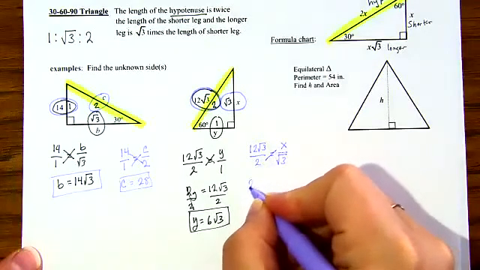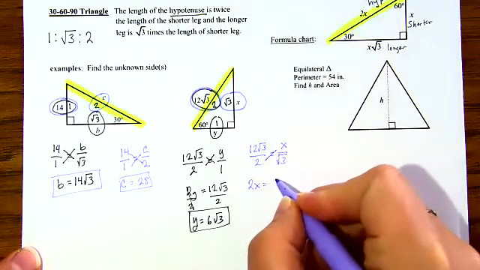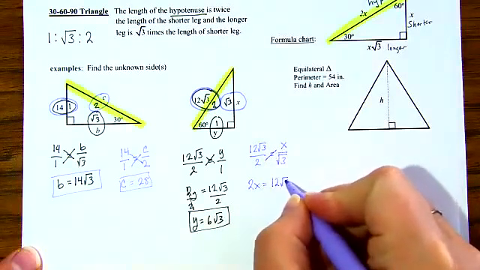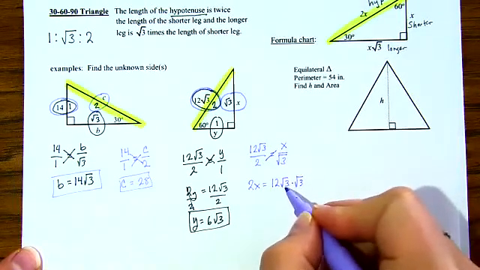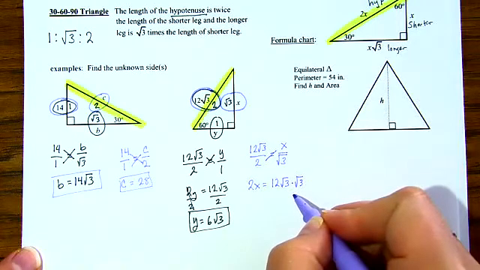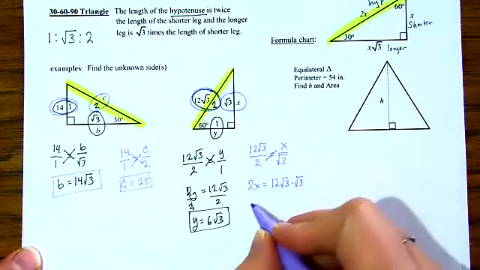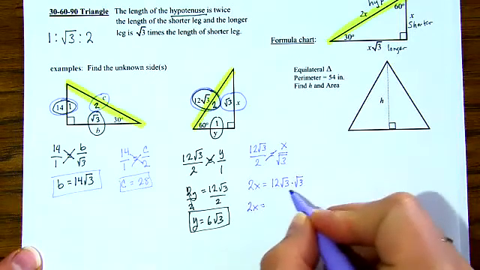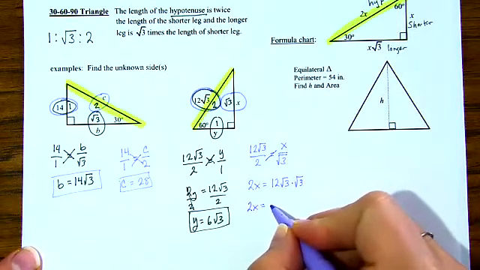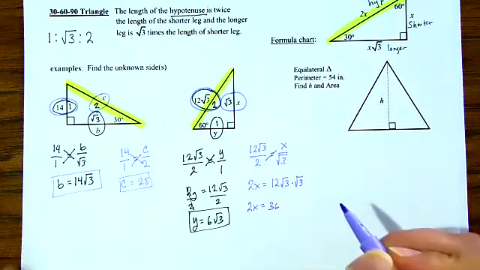2 times x is 2x, and 12 radical 3 times radical 3, these two, remember when we multiply a radical times a radical, it becomes just that whole number. So 2x equals 12 times 3, which is 36.